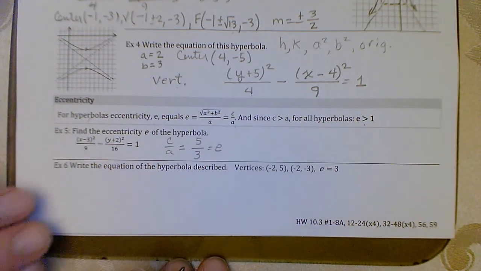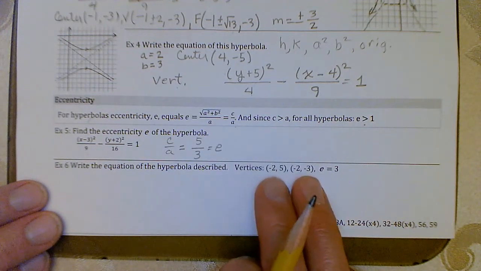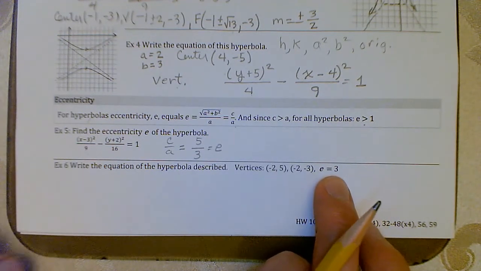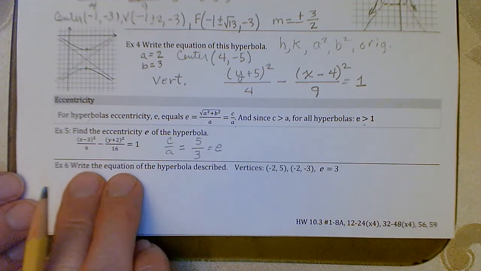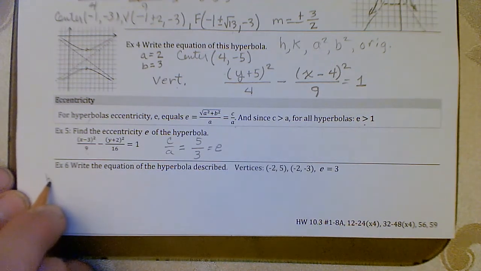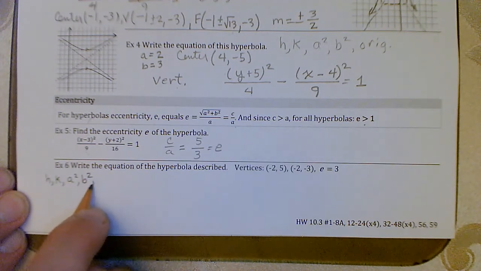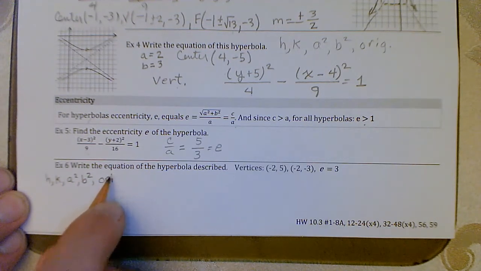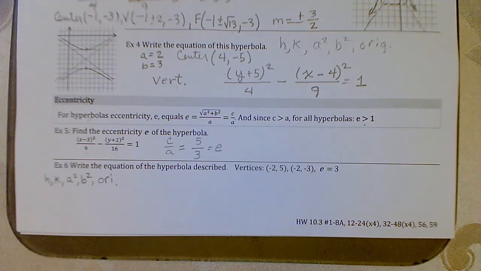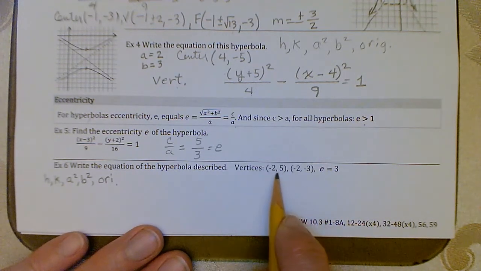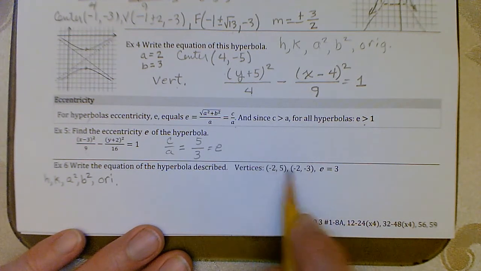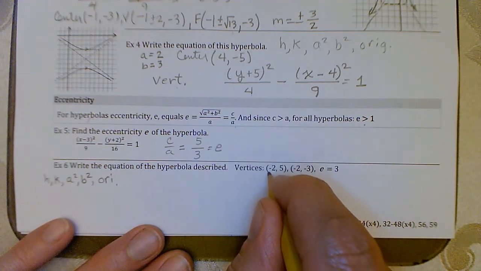All right, last example. They're giving us the location of the vertices and the eccentricity. They want us to write the equation. So again, we need to know h, we need to know k, we need to know a squared, we need to know b squared, and we need to know how this thing is oriented. If we think about the vertices, what's midway between the vertices? The center.